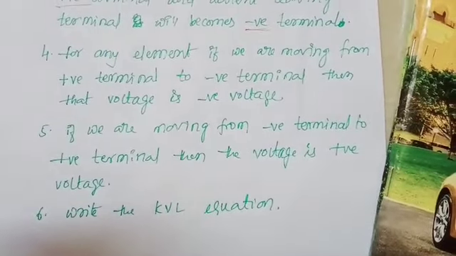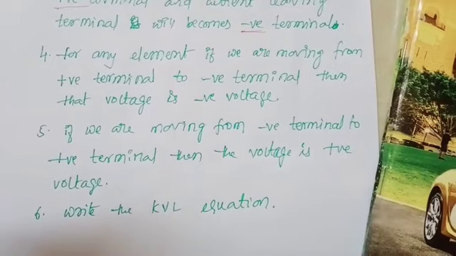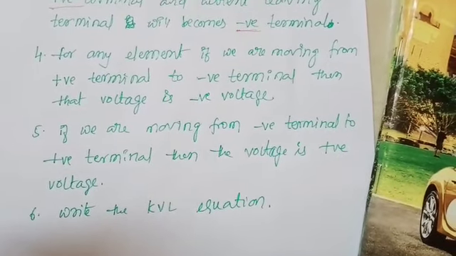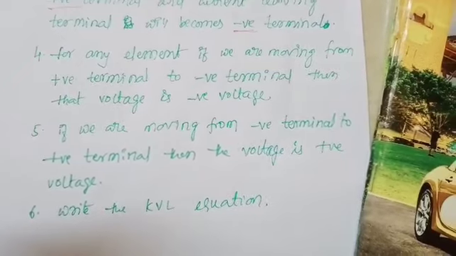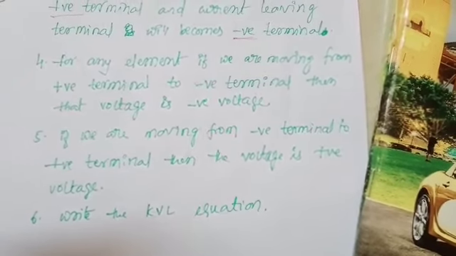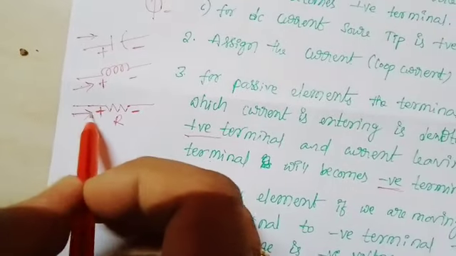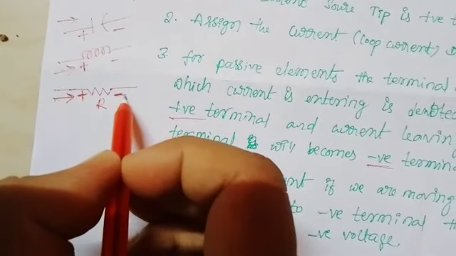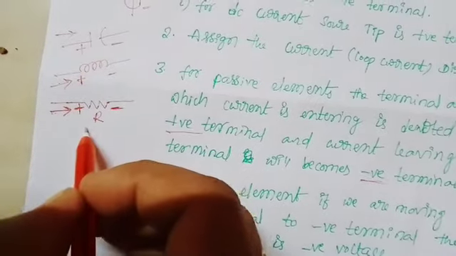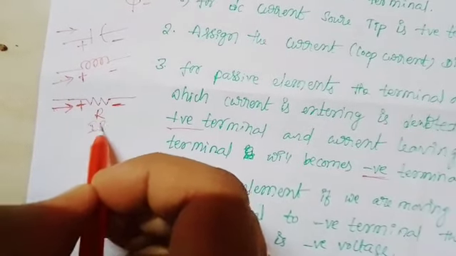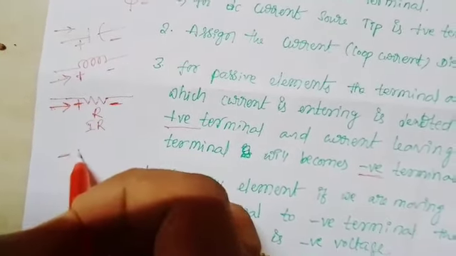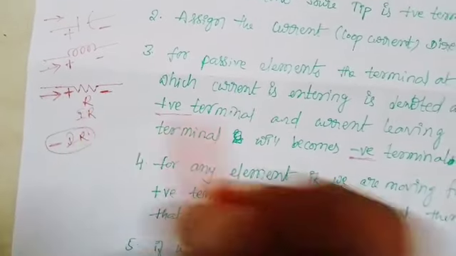For any element, if we are moving from the positive terminal to the negative terminal in the circuit, then the voltage across that element is taken as a negative voltage. Suppose in the circuit we are moving from positive terminal to negative terminal, then the voltage across this particular element becomes a negative voltage in the KVL.